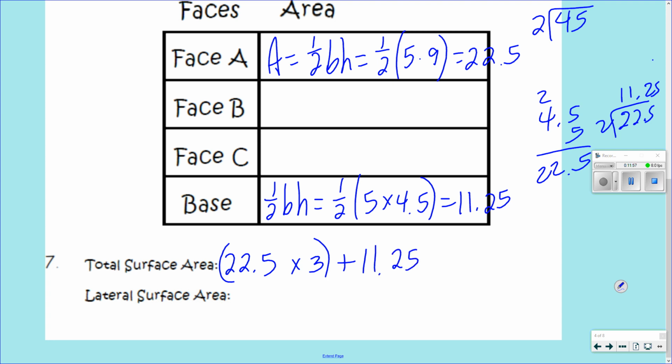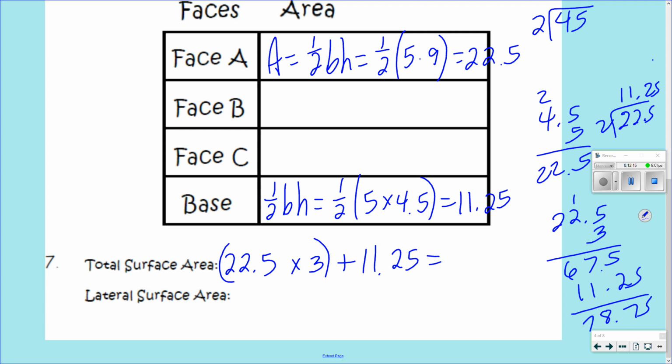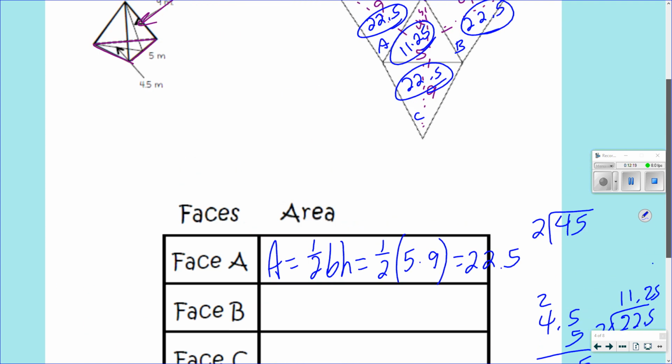Okay, so come over here to the side, just like I'm doing it. It's not fun because it's a decimal, but I got 67.5. Oh, but I haven't added that yet. Then plus 11.25. Did y'all get 78.75?